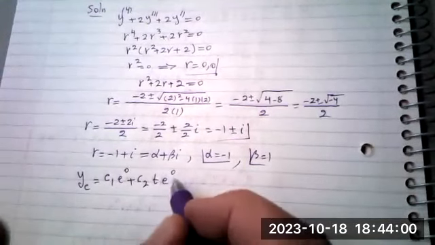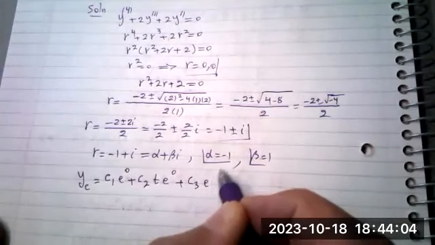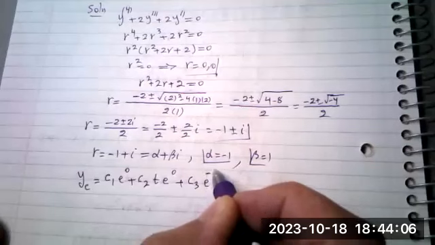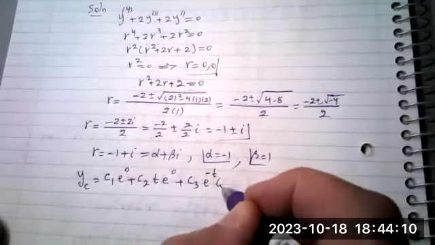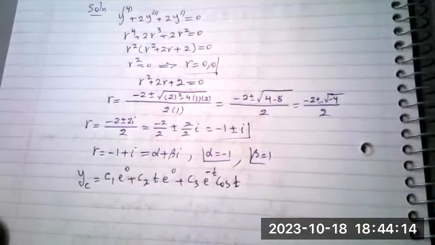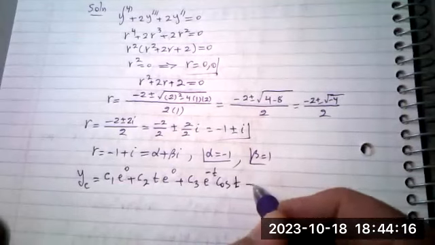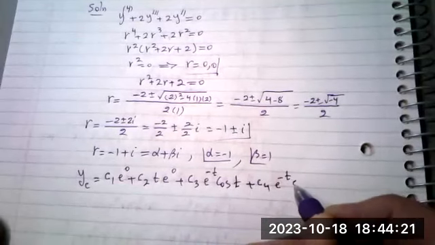Then the complex part is going to be c3 e to the -t, because of the alpha, cosine of beta t, which is just t because the beta is 1, plus c4 e to the -t sine of t.